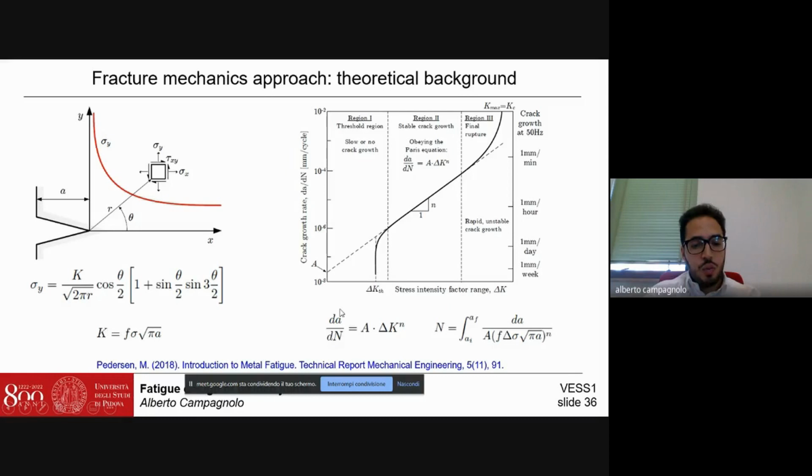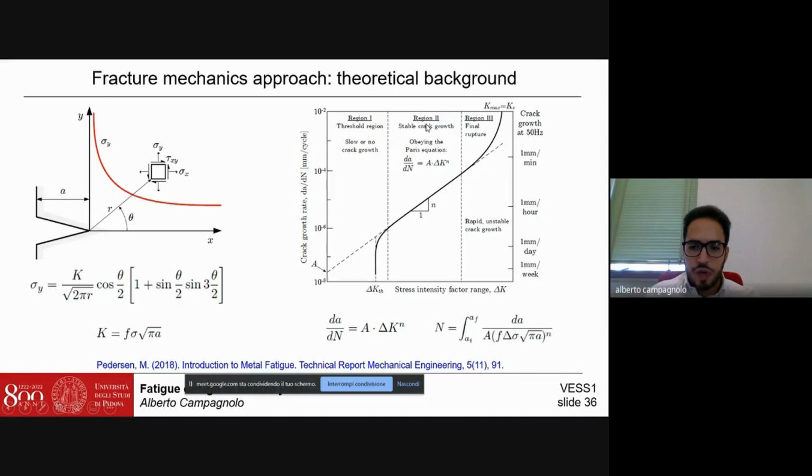Once K is known, we can use the Paris curve, which correlates the crack growth rate, that is, the speed with which the crack present in the welded structure grows, as a function of the crack driving force, which stresses the crack, which is the stress intensity factor range delta K. So we can calculate K, and after that we can use this curve, and in particular region 2 of the Paris curve, to derive the residual fatigue life of our structure.